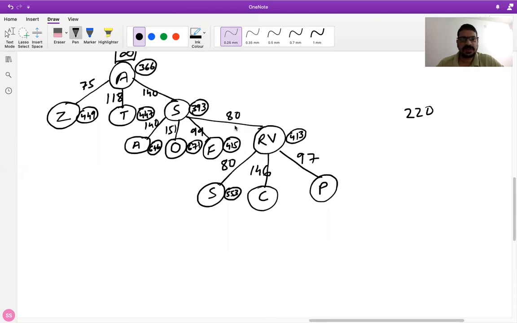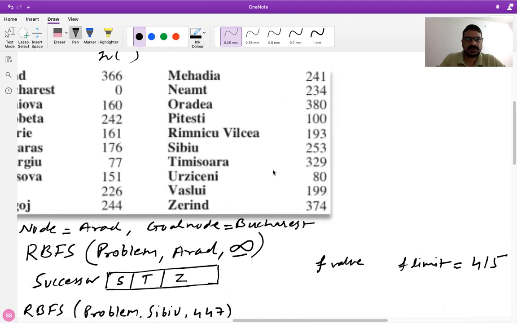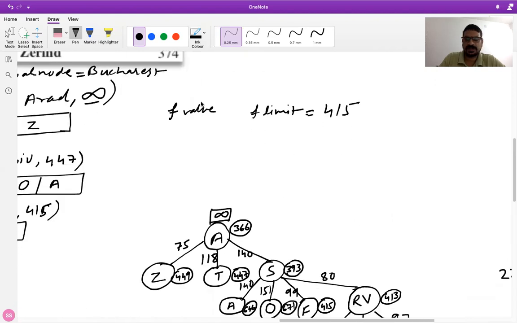Now the same thing for this particular city. It is 140 plus 80, which is 220, plus 146, plus the heuristic value of Craiova, 160. It is coming 526.